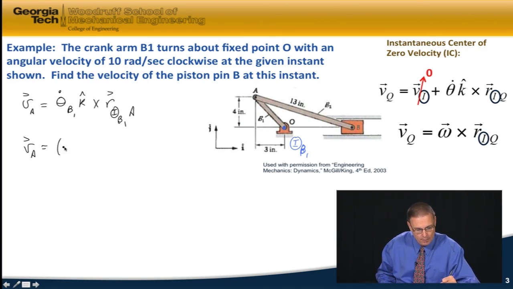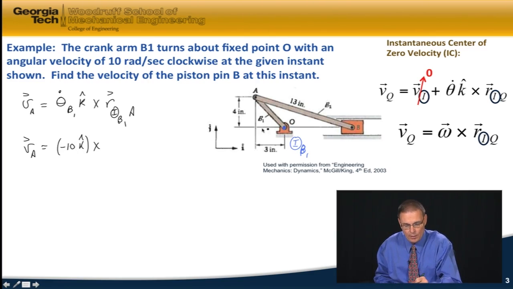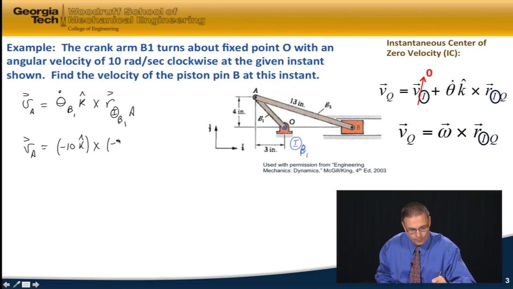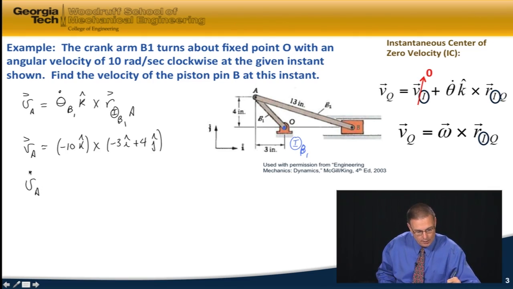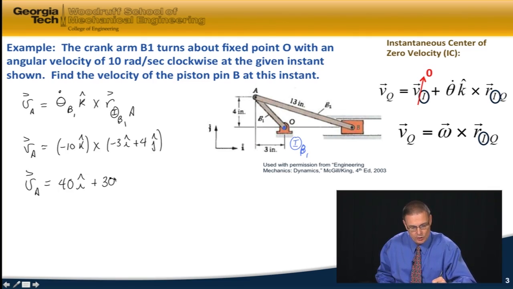So I've got minus 10 K crossed with minus 3 in the I direction plus 4 in the J direction. And I get the velocity of A is equal to 40I plus 30J inches per second.